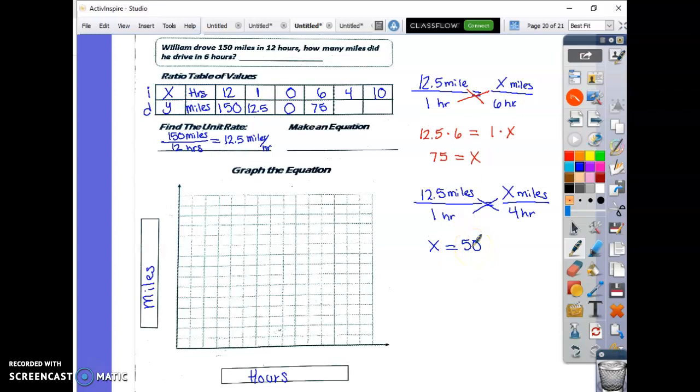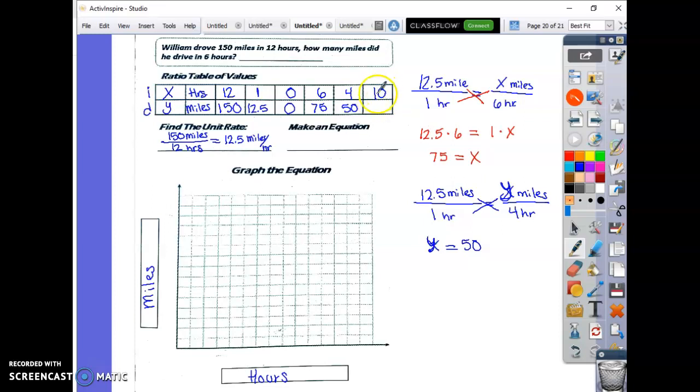So x is equal to 50. That's kind of confusing that we have x over here, but it's the value for y. But remember, this is just a random letter that I picked. I could have very well picked y to represent our value for y, that I just chose to use x.